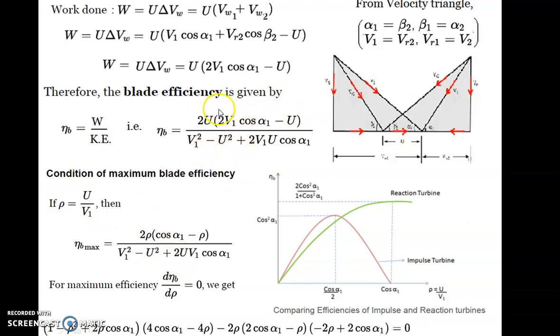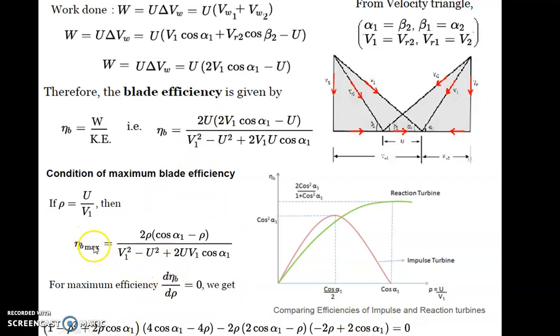Dividing by V1 on the top side and the bottom side and simplifying, the efficiency comes as 2 rho into cos alpha 1 minus rho upon V1 squared minus U squared plus 2 times U V1 cos alpha 1, putting U upon V1 as rho.